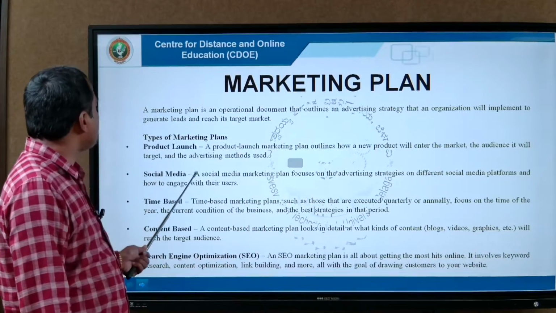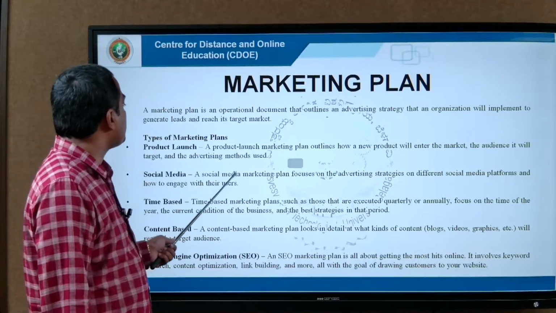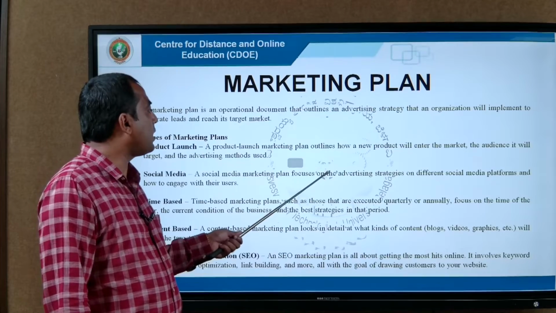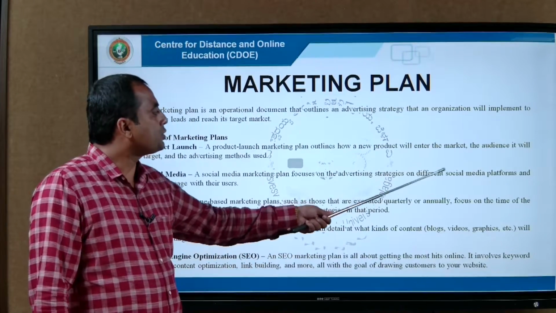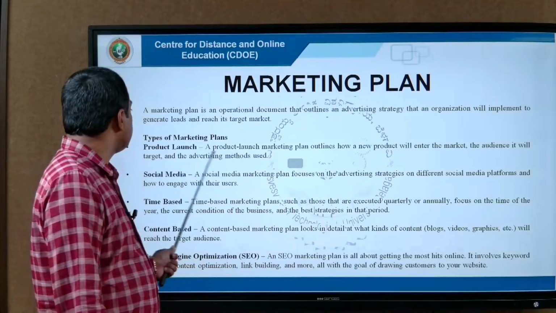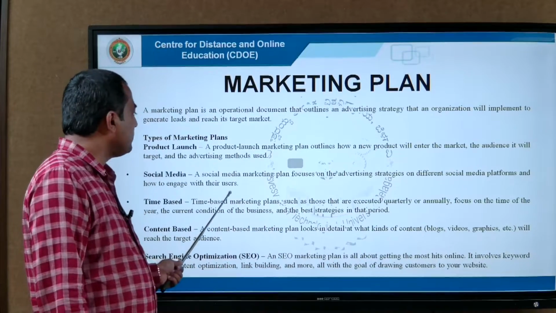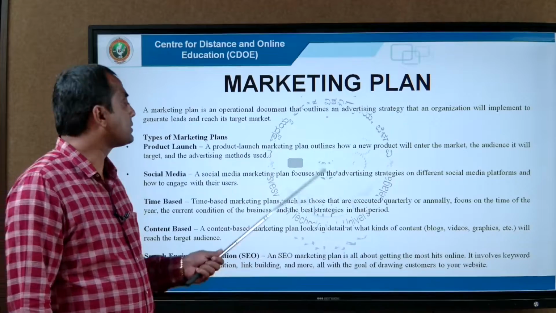Then social media. A social media marketing plan focuses on advertising strategies on different social media platforms and how to engage with their users.